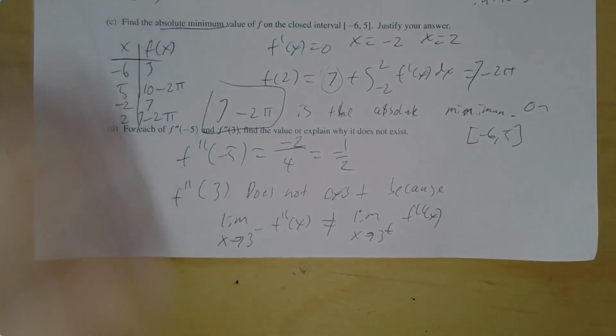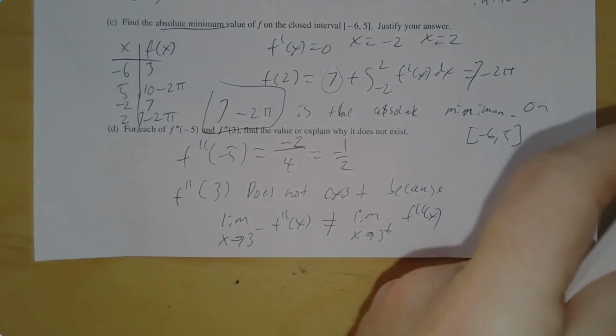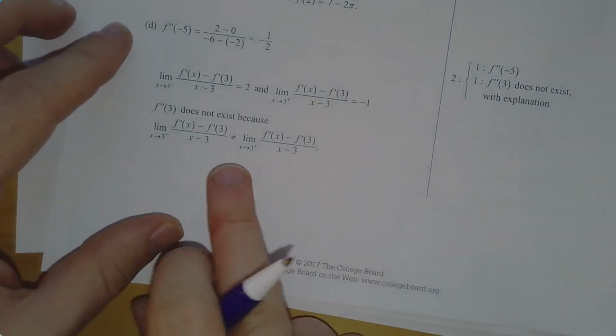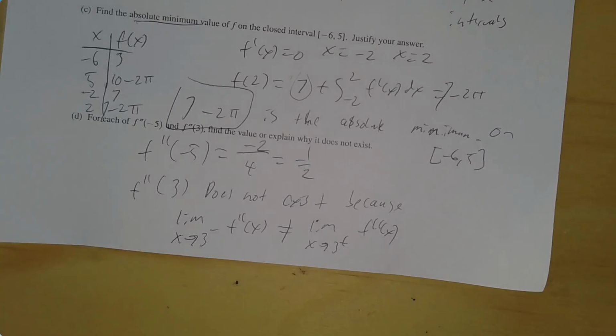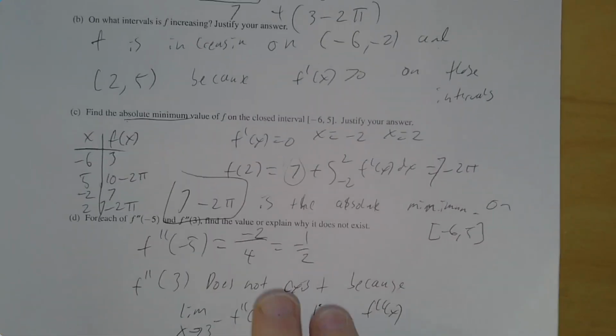And if you look at the answer key, that is what they're saying. They're just using a different form of it. That's just a derivative. So basically, I'm saying that the slopes are not matching there because of that corner.